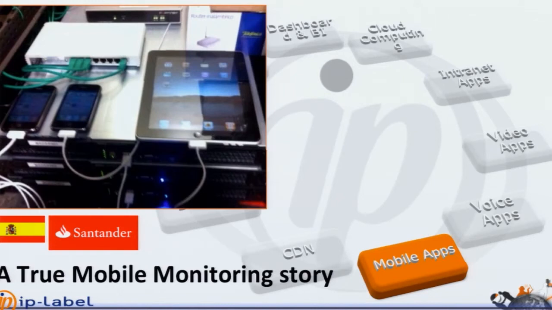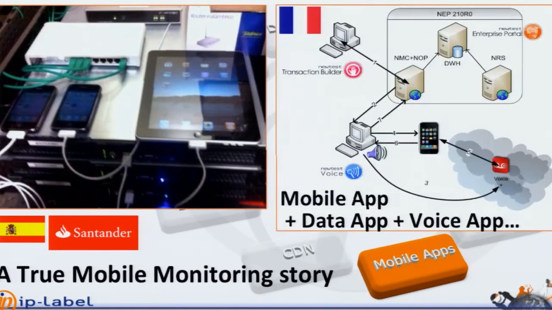They decided to do synthetic testing permanently, comparing the same transactions from real devices, because the real device itself has a really strong impact on the processing and on the time between an action, such as opening an app or browsing a website. But mobile itself is sometimes not enough. Some customers need to take into account the mobile usage plus additional data usage, such as SMS and voice messaging systems, so all combined.